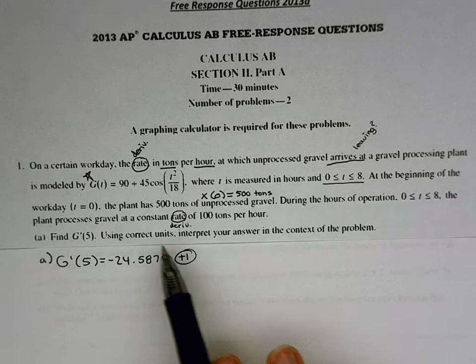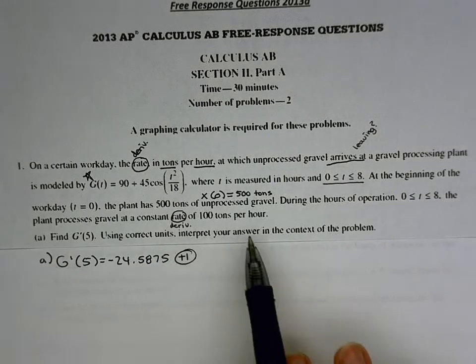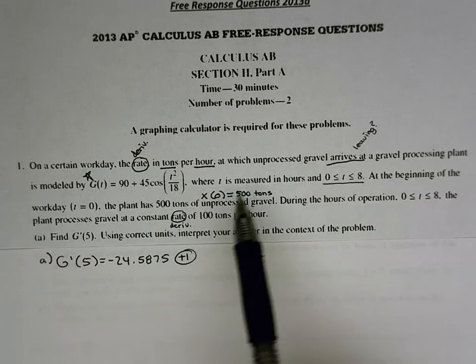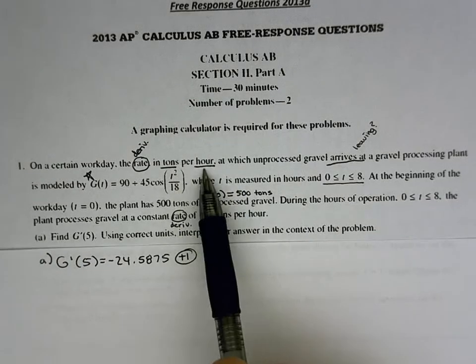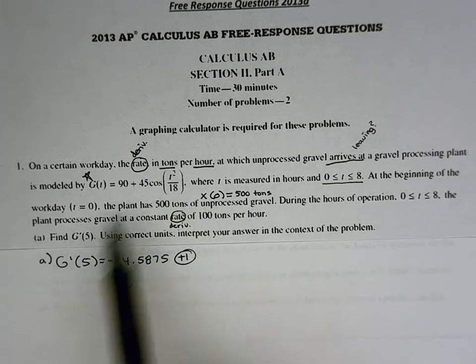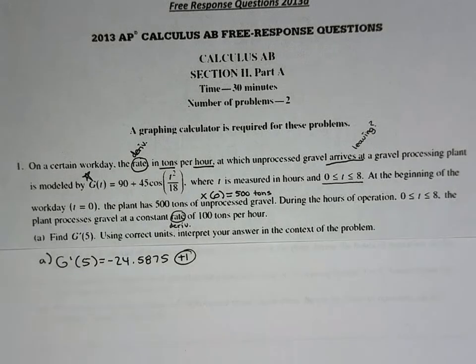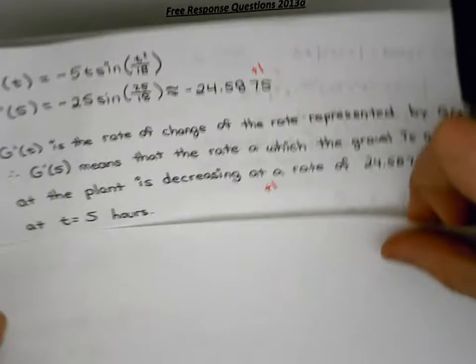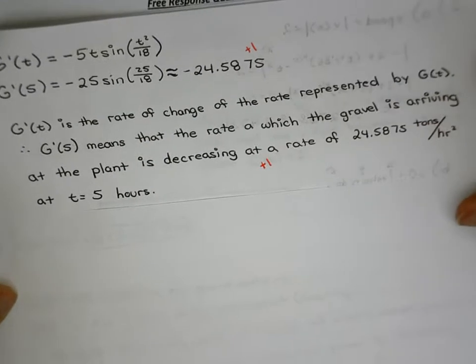So now that you've identified that this is acceleration, this is the rate of my rate, our units now are going to be tons per hour squared. Since g was tons per hour, its derivative would be tons per hour squared, right? This here was my explanation.